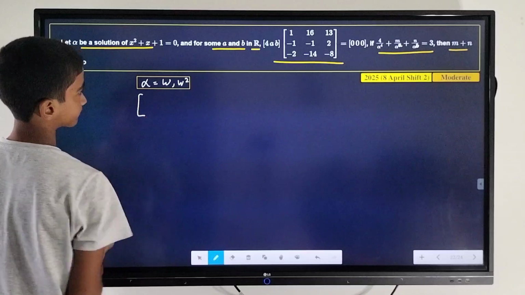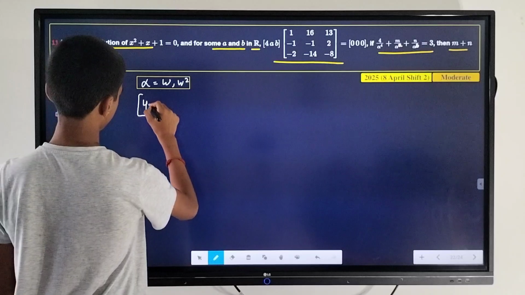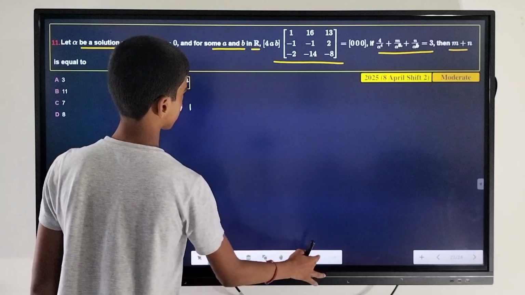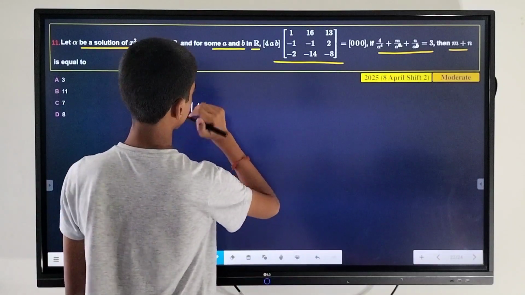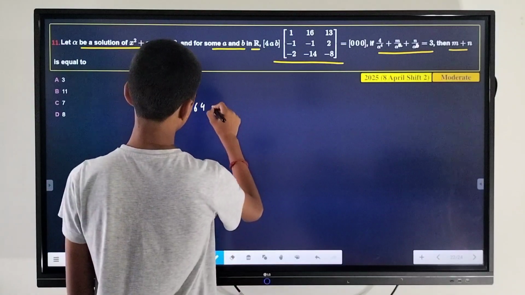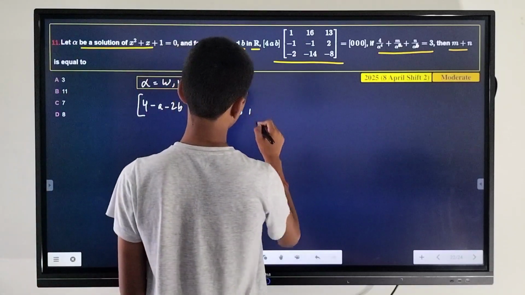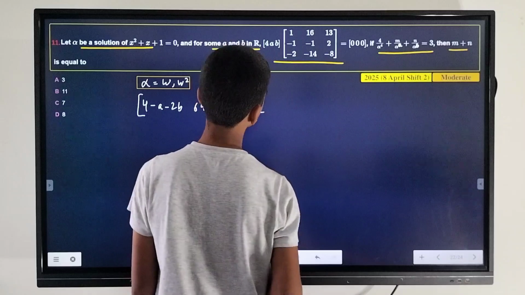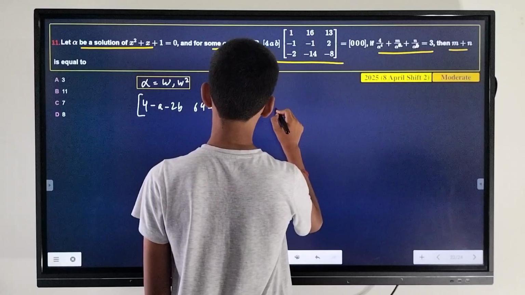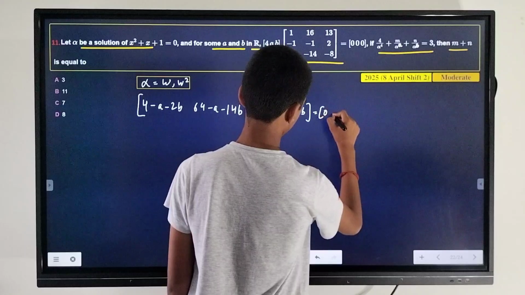We will get 4 minus a minus 2b into 16, 64 minus a minus 14b into 52 plus 2a minus 8b is equal to 0, 0, 0.